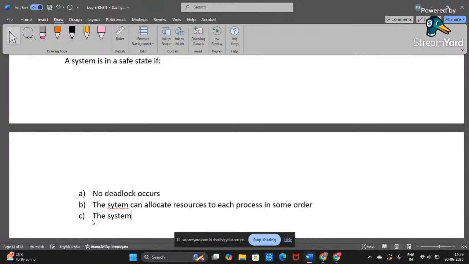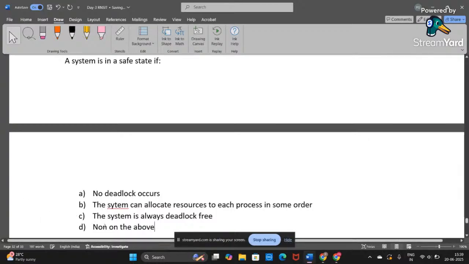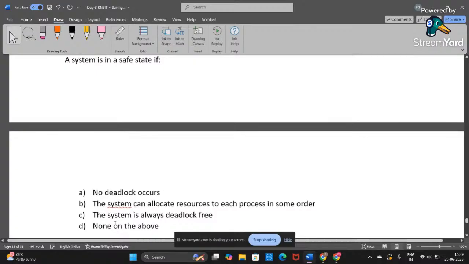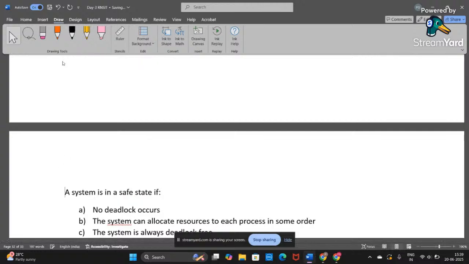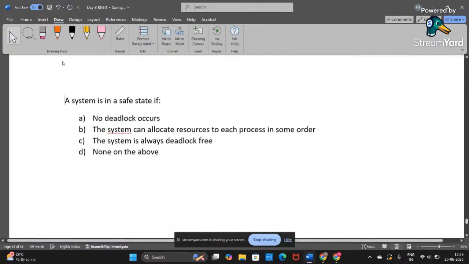Third, the system is always deadlock free. Fourth, none of the above. So what is the answer for this?